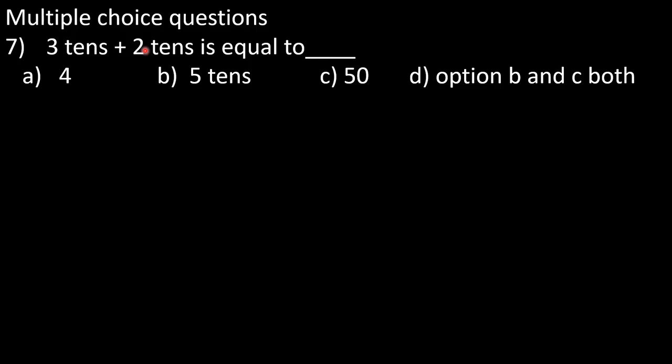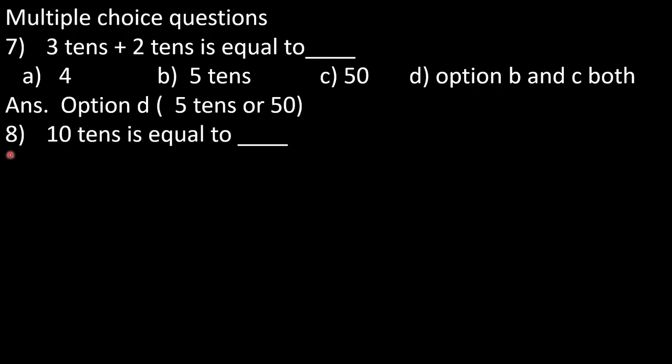And 5 tens, when we multiply 5 by 10 we get 50, it means option C is also correct, and these both options are given in option number D. So our answer is option number D, in which it is written option B and C both are correct. Okay, so 5 tens or 50 both answers are correct.